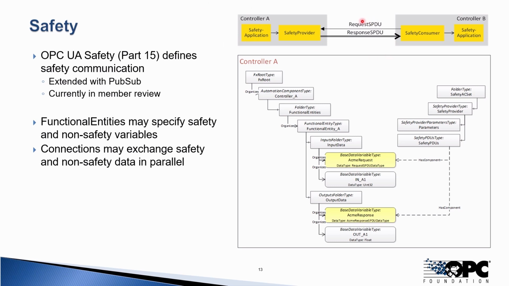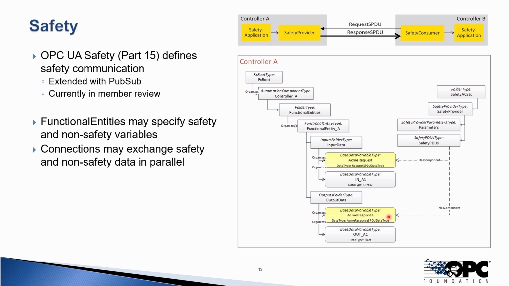The response SPDU contains safety data plus protocol data. In the information model, the safety provider is modeled inside the safety information model, having parameters and the PDUs, which we have seen up there: the request PDU and the response PDU.